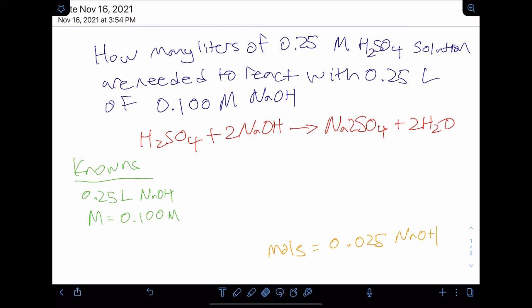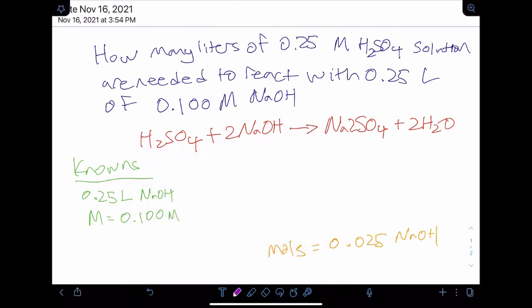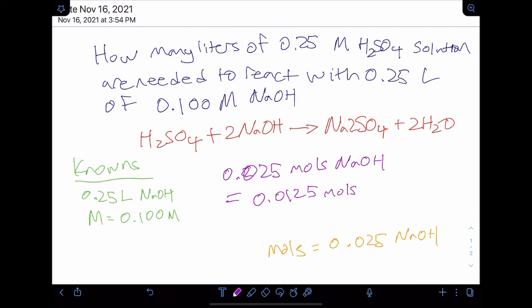And then using stoichiometric factors, we discover that 0.025 moles of NaOH equates to 0.0125 moles of H2SO4, because we divide 0.025 by 2 because of the chemical equation.